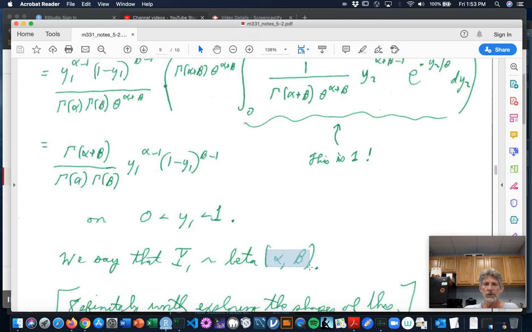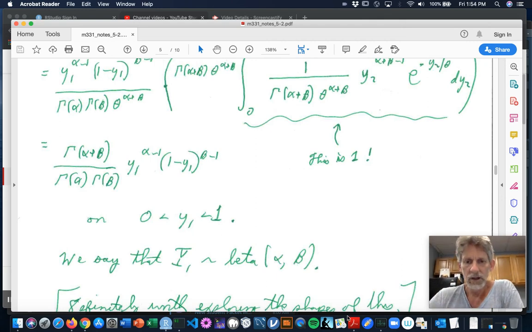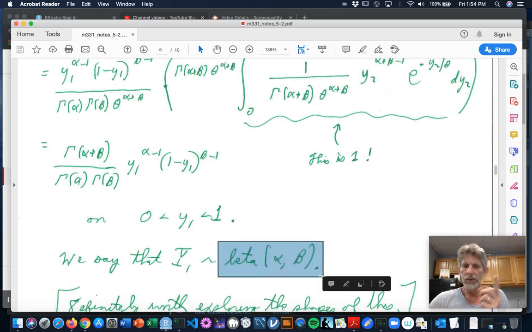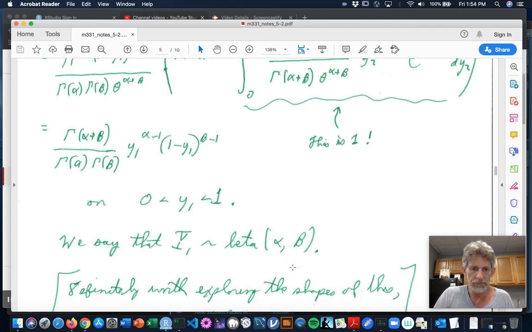So you're going to use 2 parameters to specify it. Definitely worth exploring the shapes of the beta family, because you get to vary these 2 parameters. You might get quite a lot of interesting shapes for the PDF over that 0 to 1 range. And we'll do that.